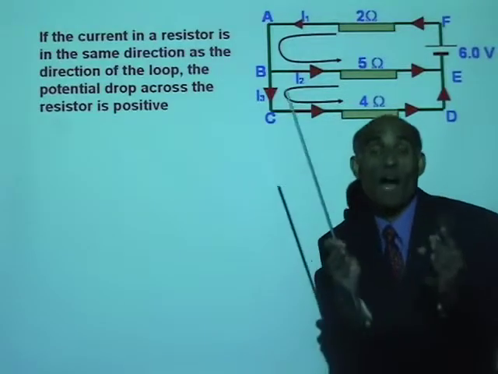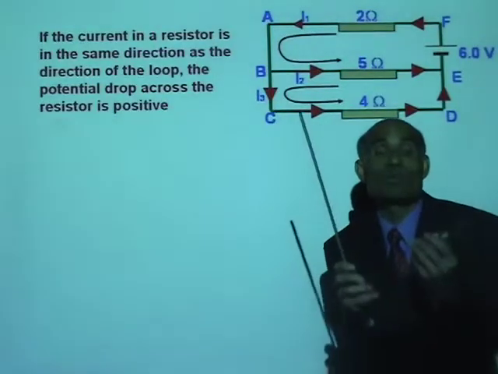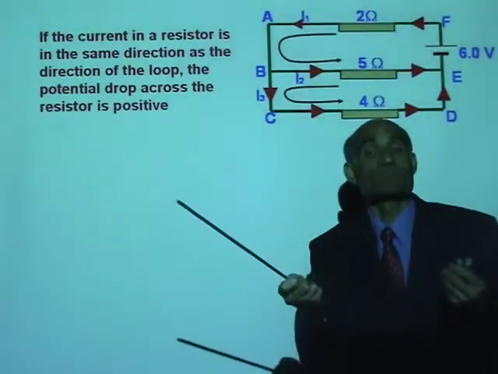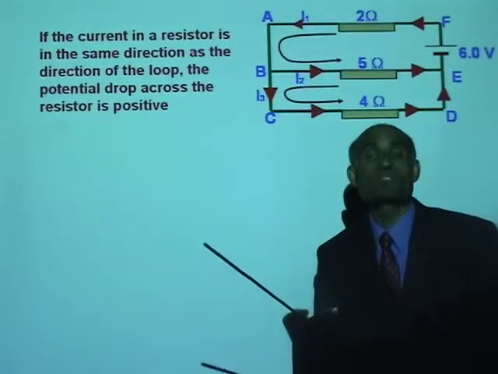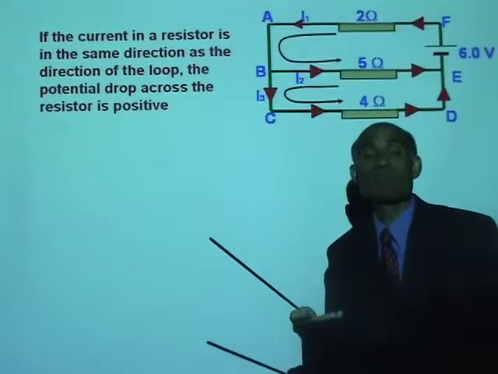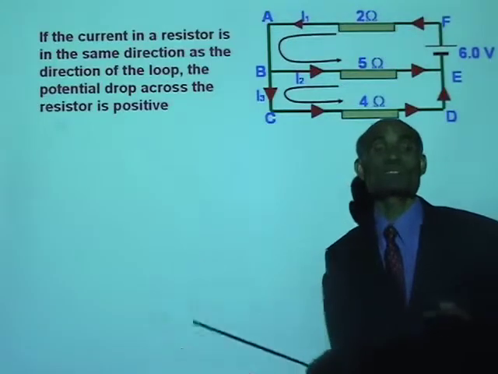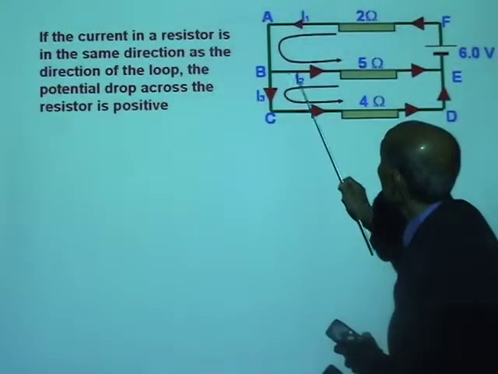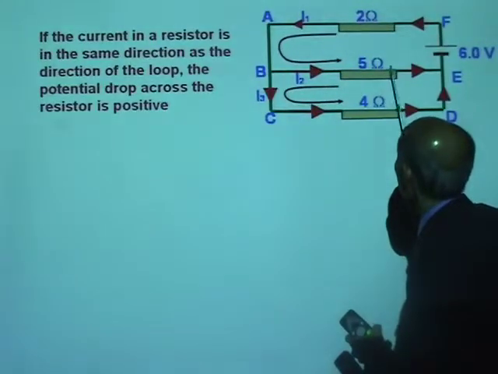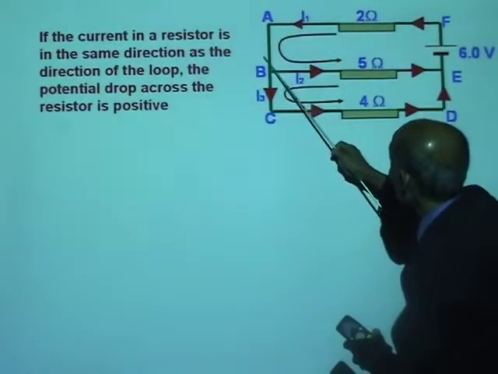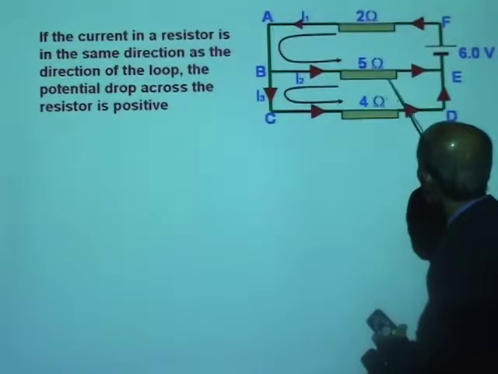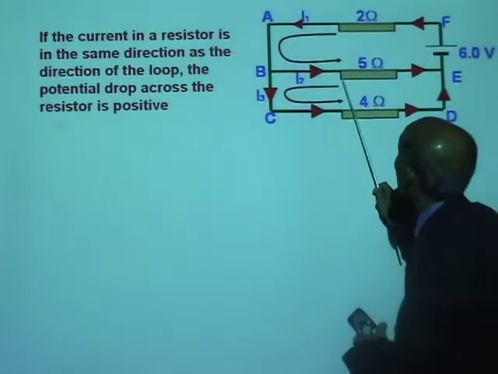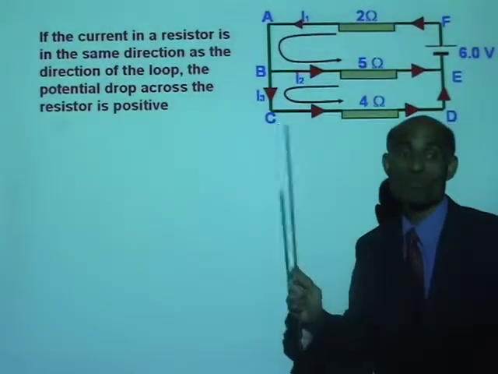Remember, we are looking for an algebraic sum. That means some quantities will be negative, some will be positive. So we are now identifying which ones are positive and which are negative. Watch again. If the direction of current in a resistor is the same as the direction of the loop, then the potential drop across that resistor is positive.